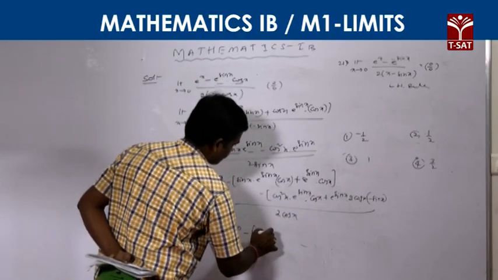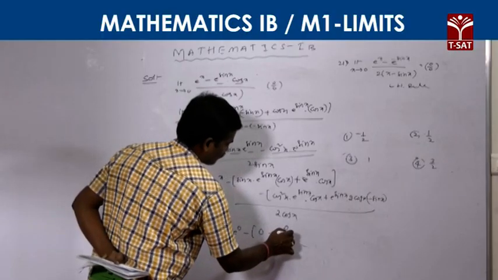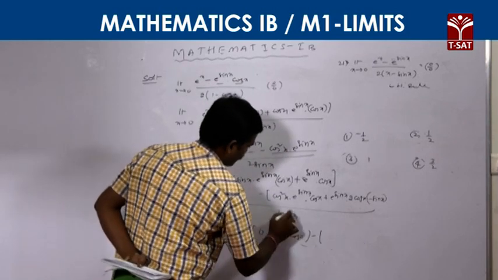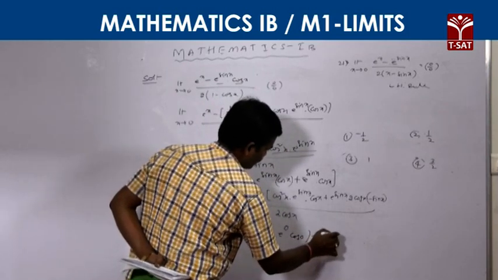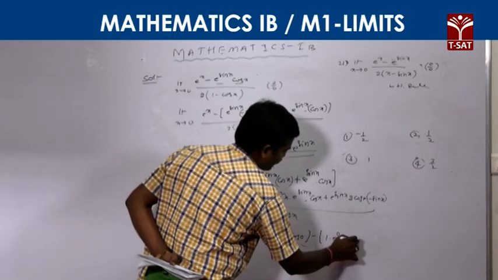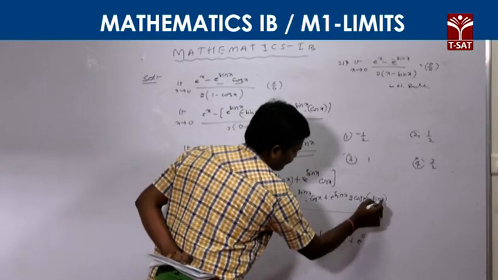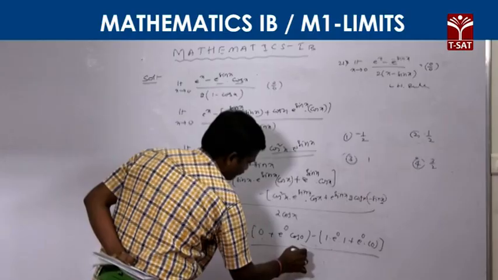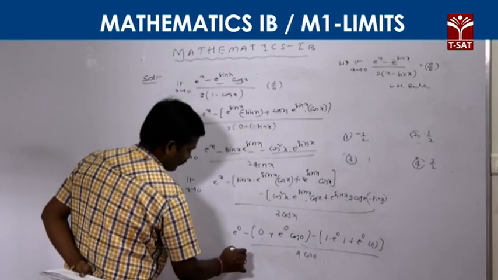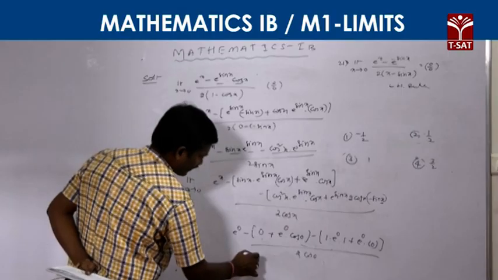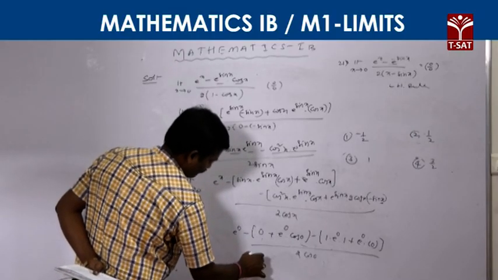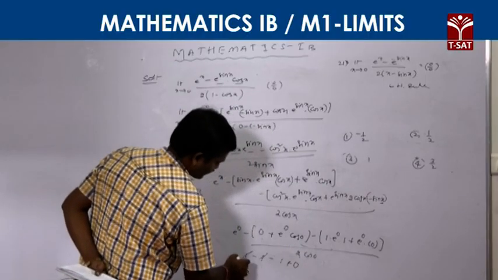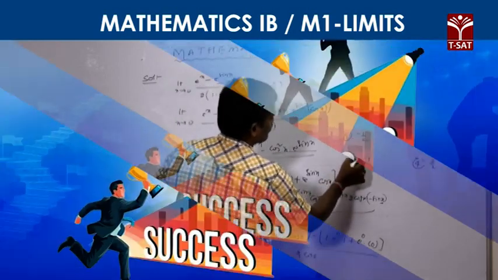Here e^(sin 0) is 1 into cos 0 which is 1, minus cos square of 0 also is 1, e^(sin 0) is 1, plus e^0 into this sin part will be completely 0, divided by 2 cos 0, which is nothing but 1. So e^0 is 1, anything to the power 0 is 1, minus 1 minus 1 plus 0. So 1 and 1 cancel, answer is minus 1. Minus 1 is the correct option.